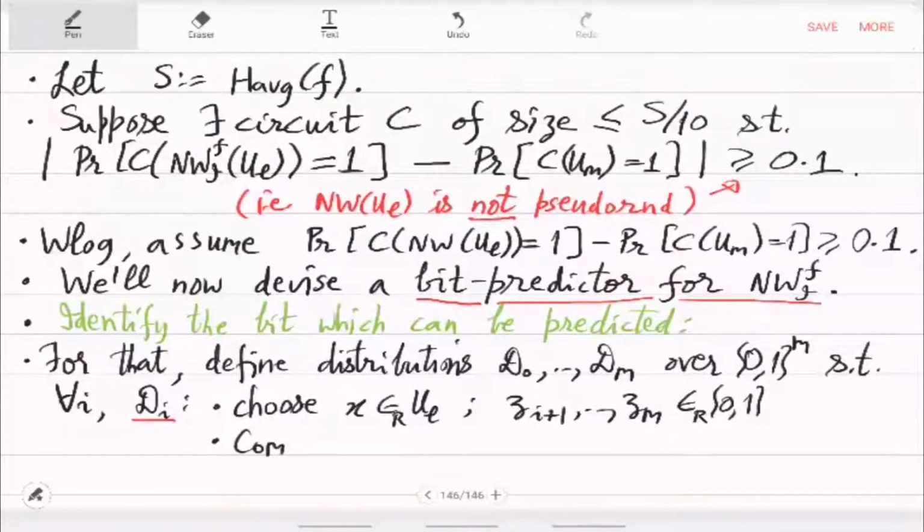Compute y, that is the NW I comma f string. So this will use the design I and the average case hard function f, right? It will give you m bits. Only look at the first i bits.